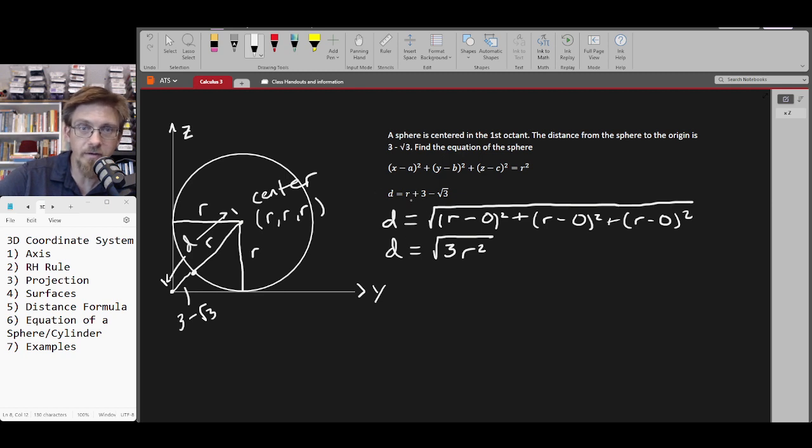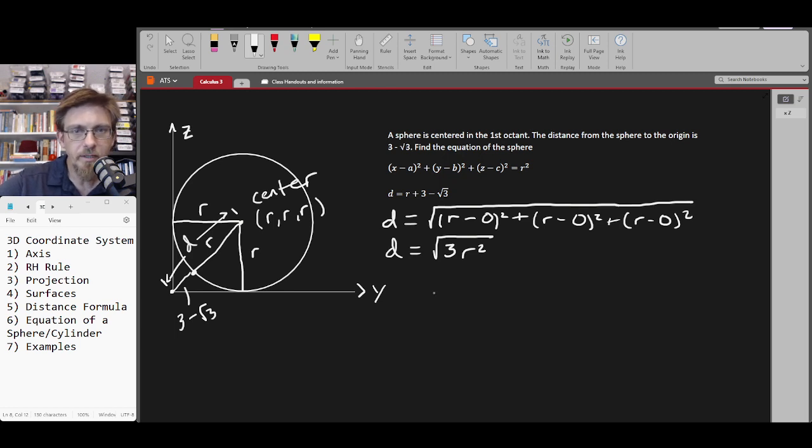And so, when we're solving anything at all, we really want to find equations and look at the number of unknowns we've got. So right up here, I've got this d equals r plus 3 minus rad 3. There's 2 unknowns. And here's a totally different equation for d, equal to the square root of 3r squared. And so now, since I've got 2 unknowns in each equation and they're both related, that means I can solve it because I've got 2 equations with 2 unknowns.